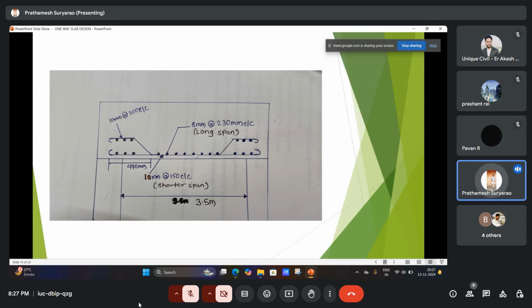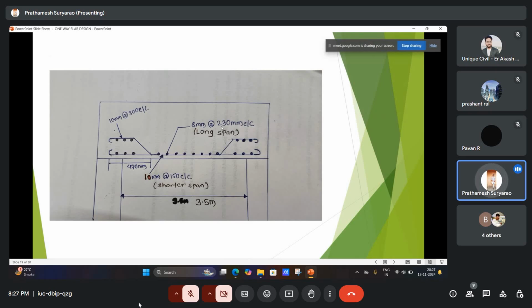These are the bars which go in the shorter span. So the dia will be 10 mm at spacing 150 for the shorter span, and for the longer span we take 8 mm dia as you saw in the last steps.